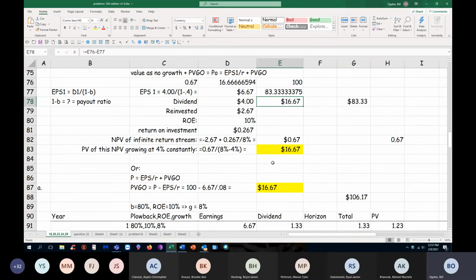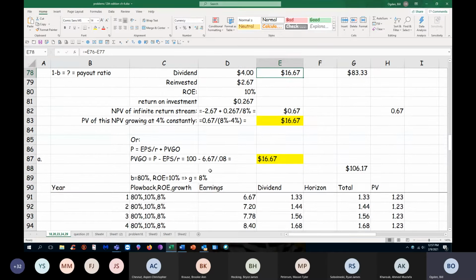All right, now the rest of this is not so easy. Right? We know that D1 was $4, came from earnings of 6.67. Part B, we change the script. The story changes. We'll now be plowing back 80% because the company has to expand for the next 5 years.